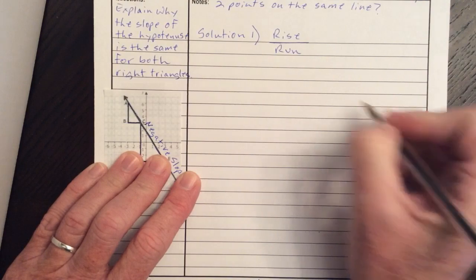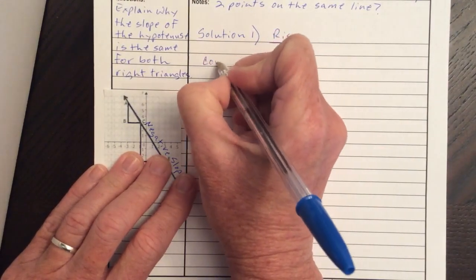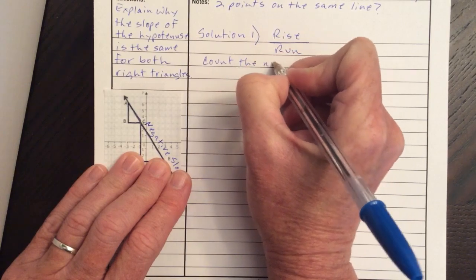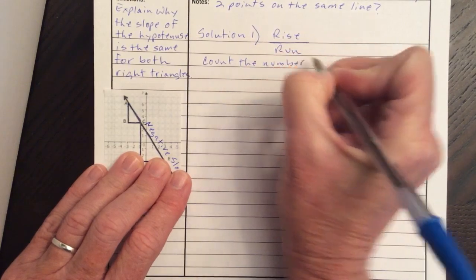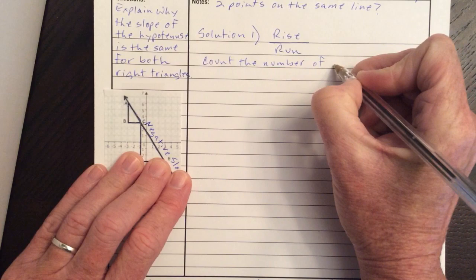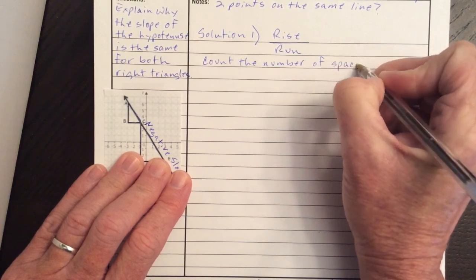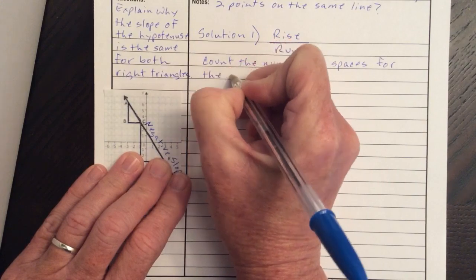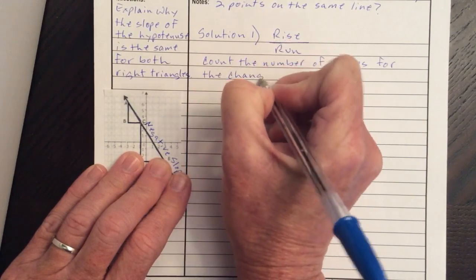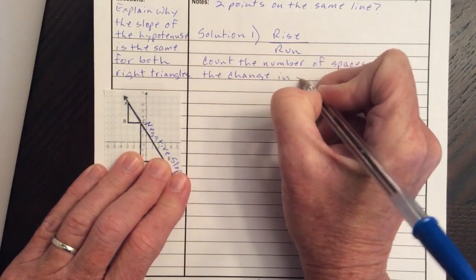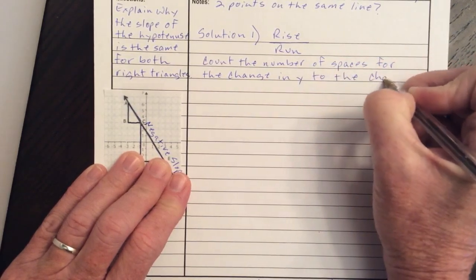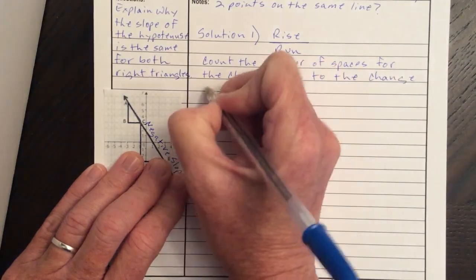And we're going to count the number of spaces for the change in y to the change in x.